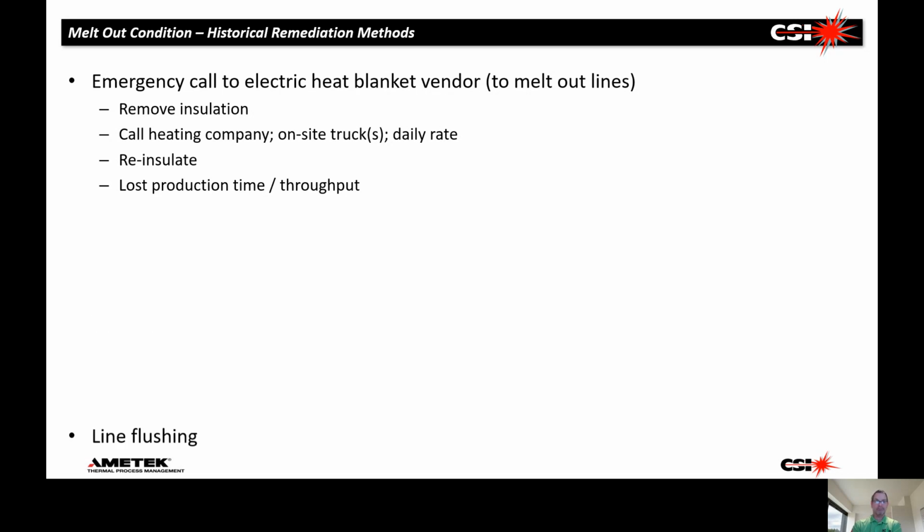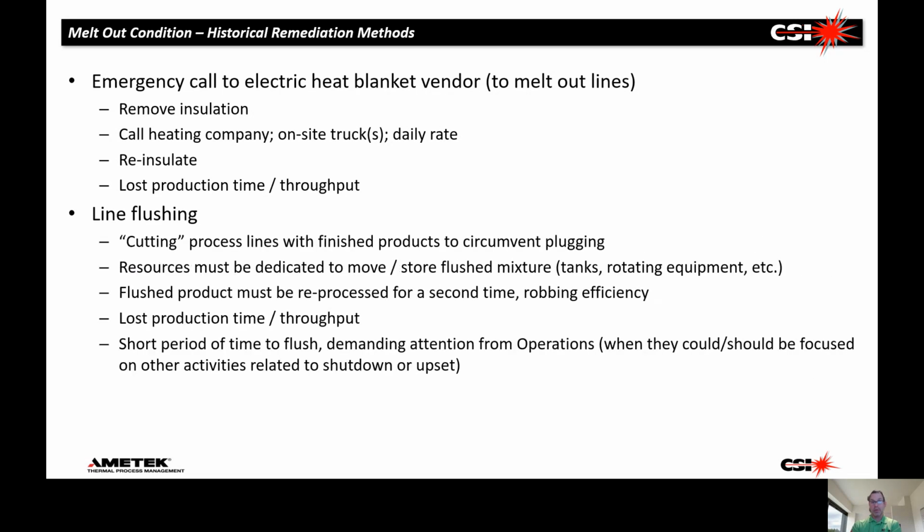Another way that plants circumvent this is when they know they're going to have an upset or a turnaround, then there's line flushing that can be employed. This is cutting the process lines with finished products to circumvent the plugging. Of course, you can probably imagine a lot of resources need to be dedicated in order to implement the cutting process.